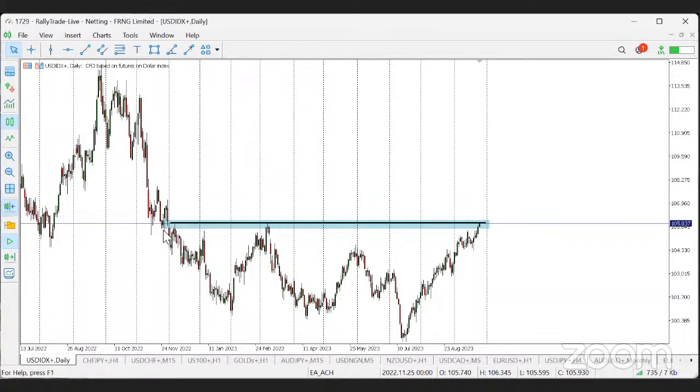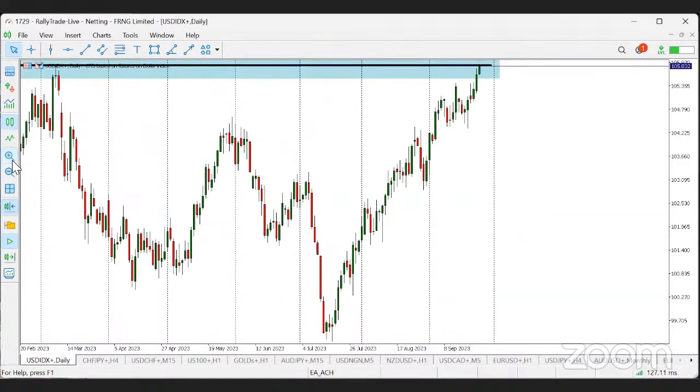Whenever we get to a key zone like this, what we should expect is a slight retracement. The market will usually retrace before proceeding higher. So at the point we are, we expect a reaction.